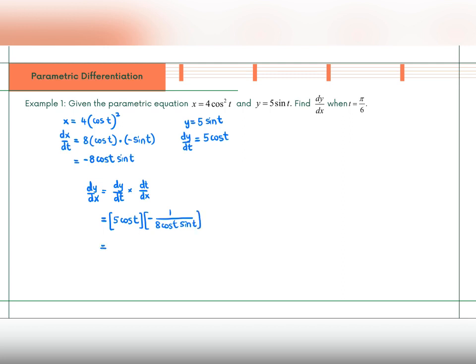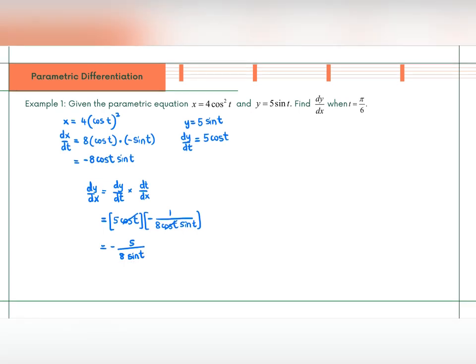And now let's simplify. Kat sini nampak tak ada benda yang kita boleh potong? Cos t divided by cos t will be 1. So the final answer for our first derivative adalah negative 5 over 8 sin of t. So this will be our results lah.